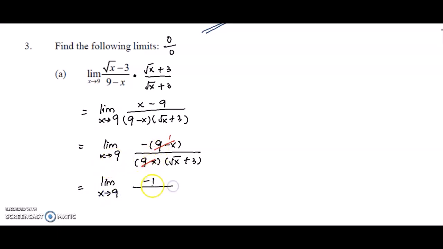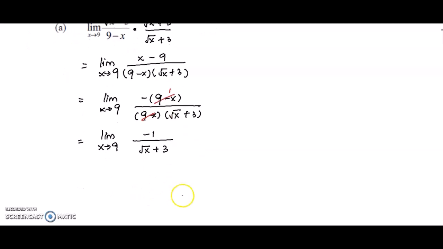So on top here you have negative 1, and below you have your square root of x plus 3. Alright, so now you can substitute x equals to 9 inside here. You got your answer for this limit. So when you put in the 9, you get root 9 equals to 3. 3 plus 3 will be equal to 6. The answer is negative 1 over 6.